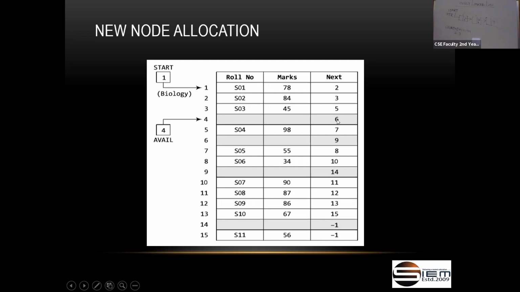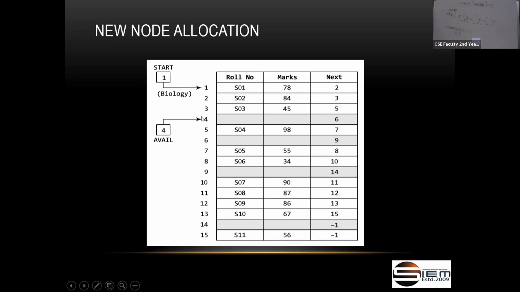What is the next available space? It is at 6. So you can come here and check what is the next available space. It is at 9. And the next one is 14. At 14, you see it's -1. That means there is no more available space. So if I have to create a new node, which one will be given to me?